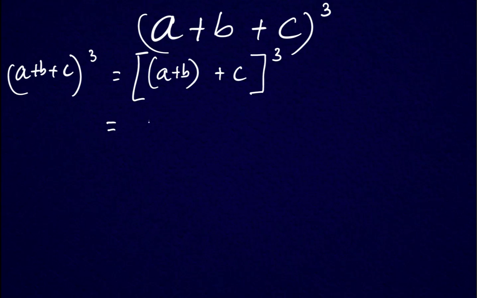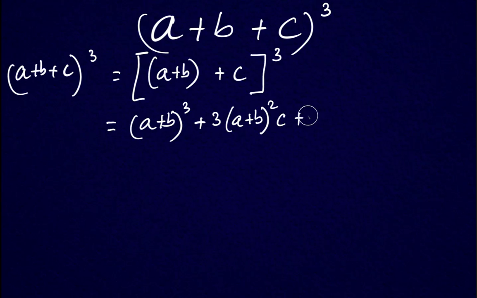The first term is a + b, so (a + b) cubed plus 3 times (a + b) squared times c plus 3 times (a + b) times c squared plus c cubed.